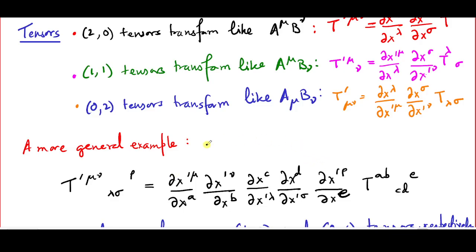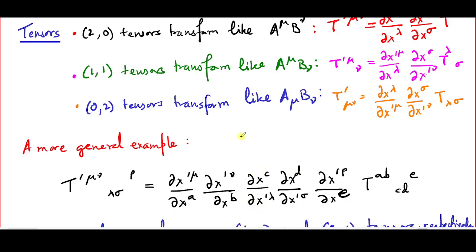They are all going to be multiplied together to form a single coefficient. So del x prime mu, del x a, del x prime nu, del x b and del x prime rho, del x e, whereas lambda sigma in the middle will correspond to the downstairs indices version, that is covector transformation coefficients, del x c, del x prime lambda, del x d, del x prime sigma.